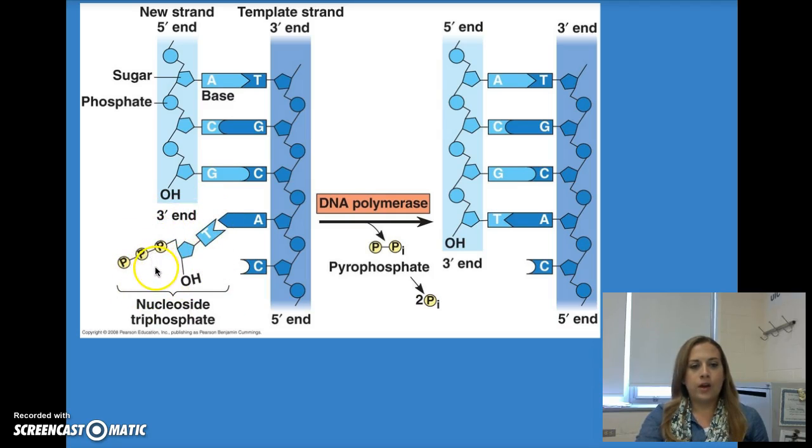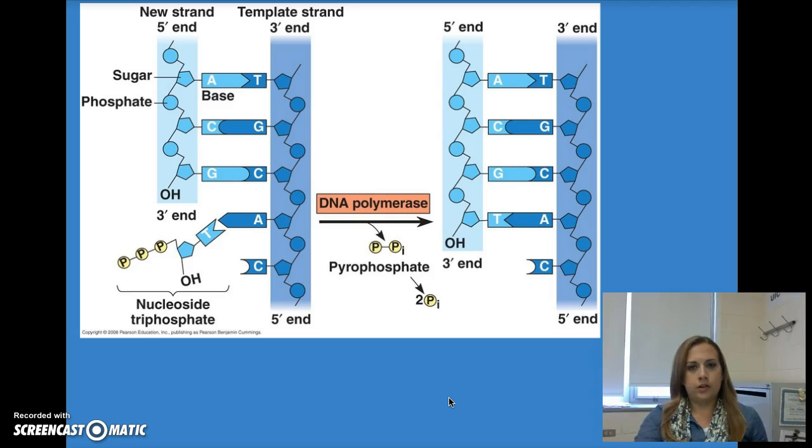As this is added, in the presence of DNA polymerase, 2 of these phosphate groups are going to leave, and so what you're left with is 1 phosphate that's going to bind to the sugar of the monomer just above it. So we're adding thymine here, so we have our thymine, our sugar, our 3 phosphate groups. When DNA polymerase is there, it's going to remove 2 of those phosphate groups, and that 1 remaining is going to attach to the sugar from the nucleotide just above it.